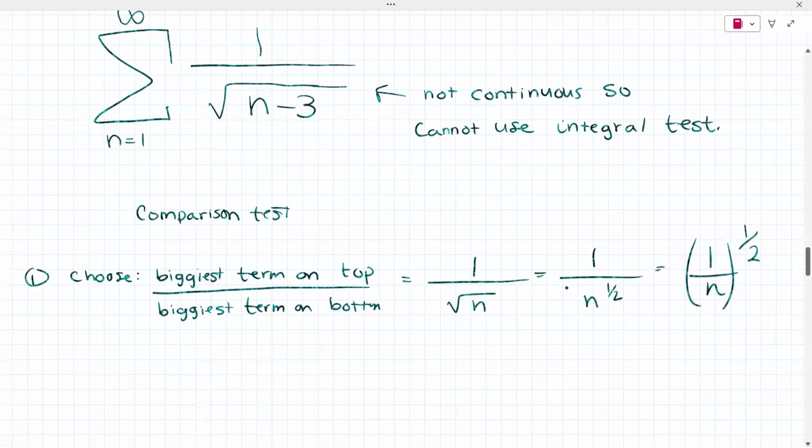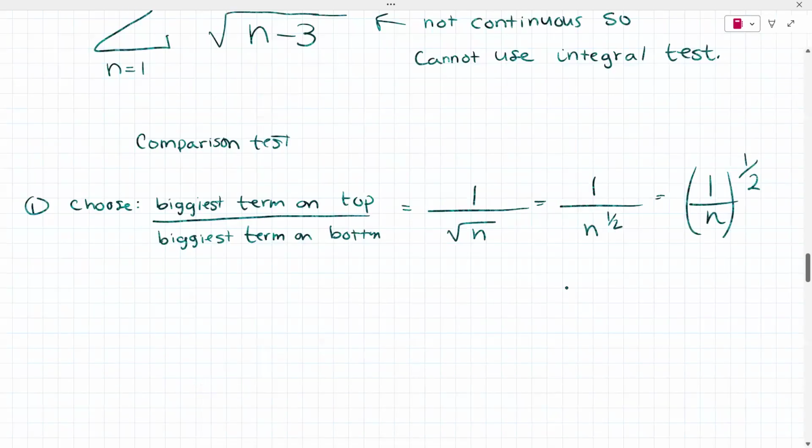Now you can use the p-series. If you recall in the p-series, our p is going to be 1/2, which is less than or equal to 1.